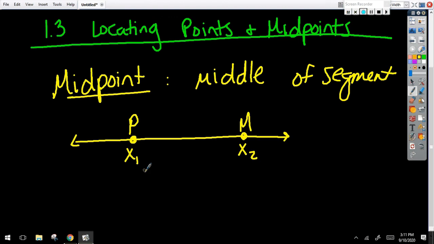And of course, if this is a number line, maybe this is 1 and this is 5, or this is 0 and this is 2, whatever place they're at on the number line, but we're just going to let it be called X1 and X2. So in order to find exactly the middle of this segment, I would need to take those two numbers, add them together, and then you probably guessed it, divide by 2, okay?